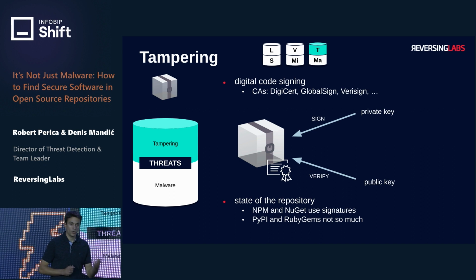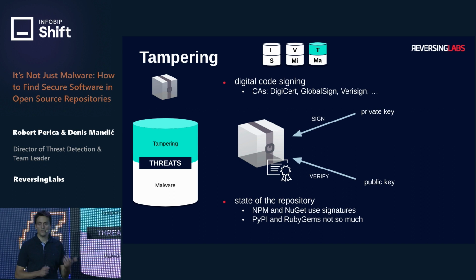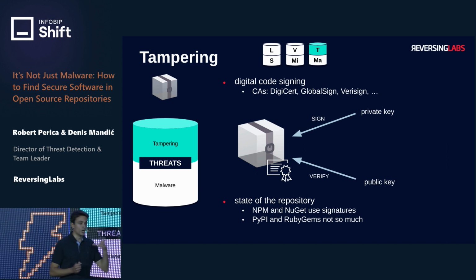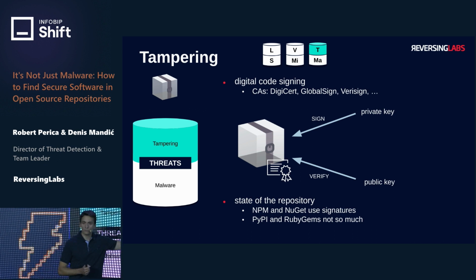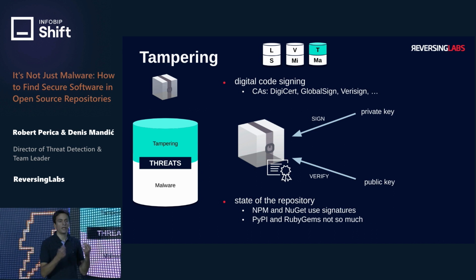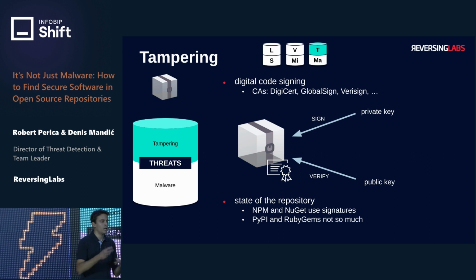To digitally sign code, you need to have a code signing certificate, which is typically issued by certificate authorities such as DigiCert and others. The process of how digital signing works is fairly simple. You take your package, you hash it, you create a unique identifier, and then you encrypt it with your private key. Private, it belongs only to you.